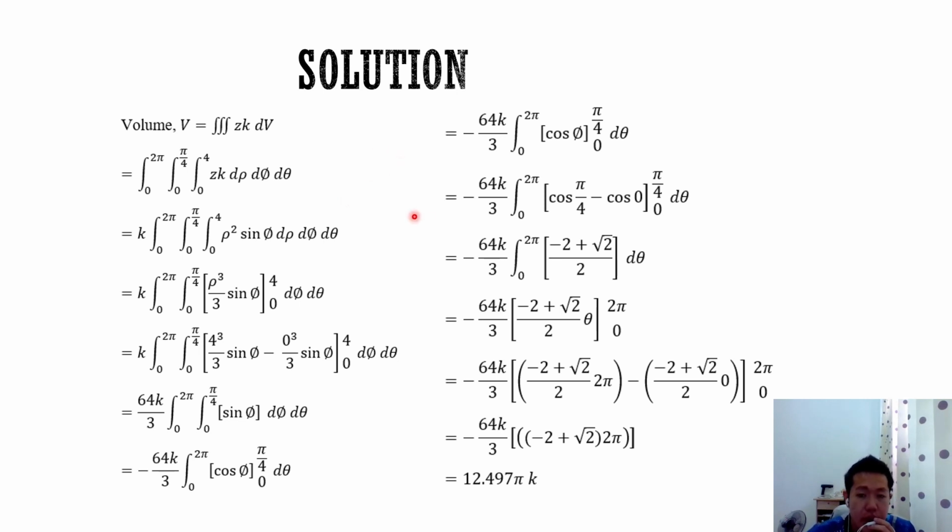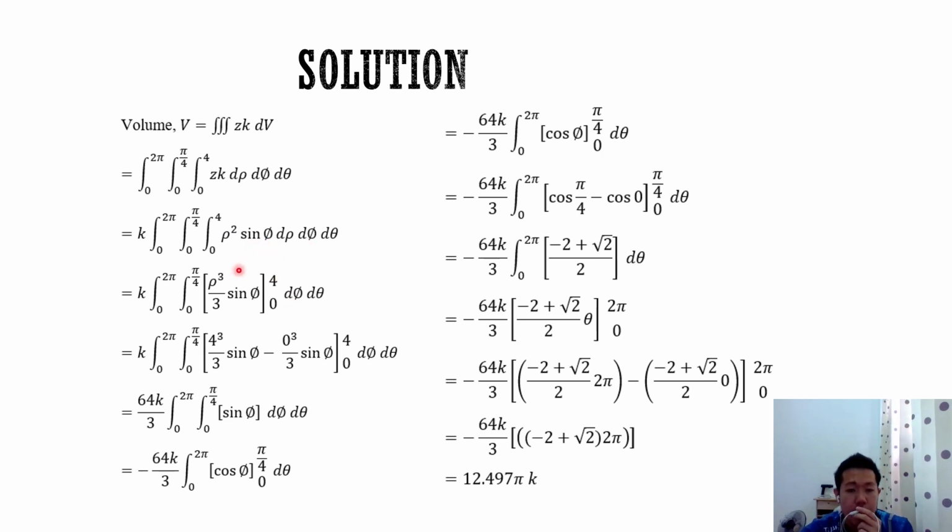After we determine the limits, we change the function into spherical form, which is from dz dA into rho squared sine phi.